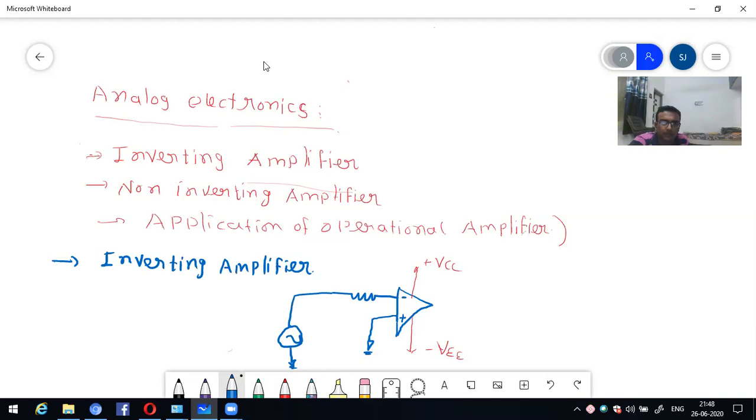Now this is considered as an open loop configuration, and this is known as inverting amplifier.